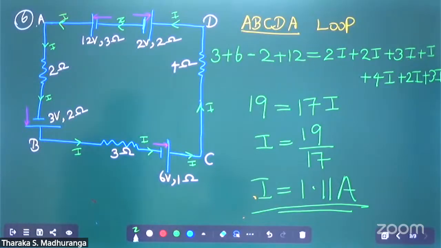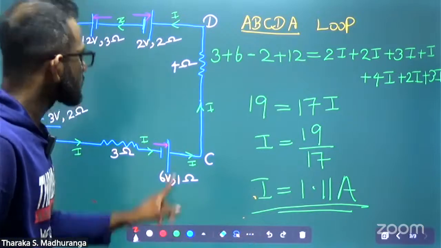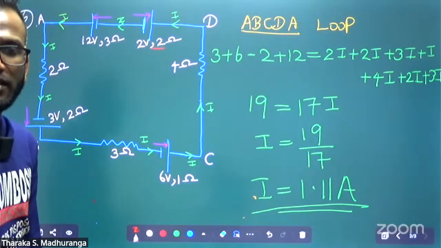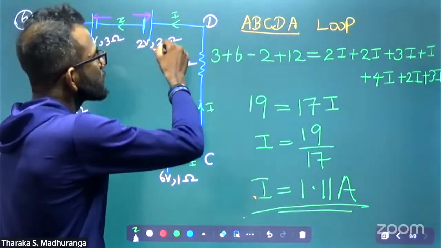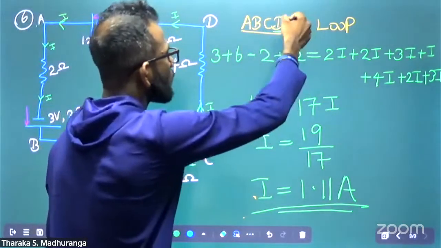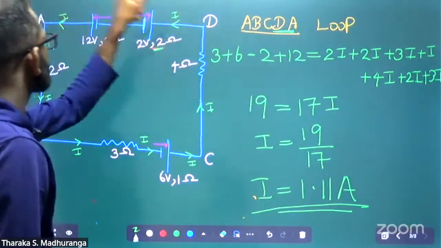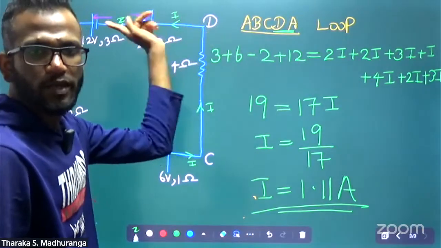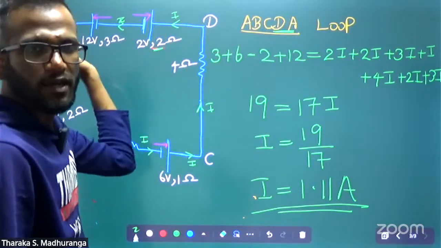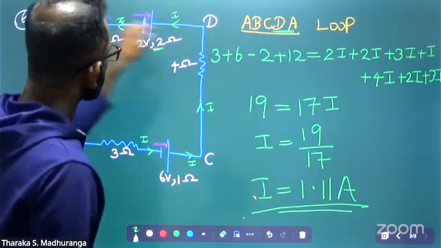We consider D to A. Our coordinate is D to A. The current direction D to A is the left side direction. We also consider the left side direction. Same.